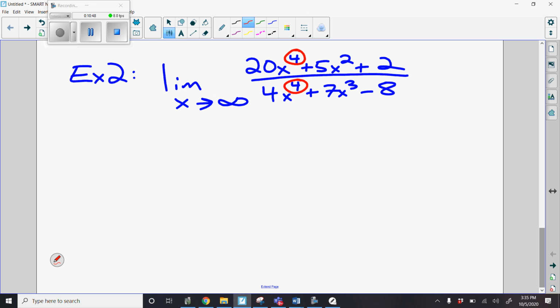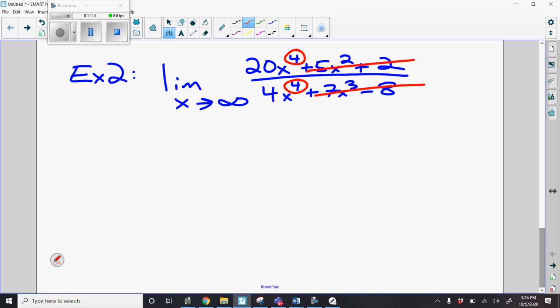We see that their powers are the same. Okay, and when we see that powers are the same, the other things here don't matter. The 5x squared plus 2, the 7x cubed minus 8, those will not be nearly as powerful as the 20x to the 4th and the 4x to the 4th. So in a sense, we can kind of just not look at these.